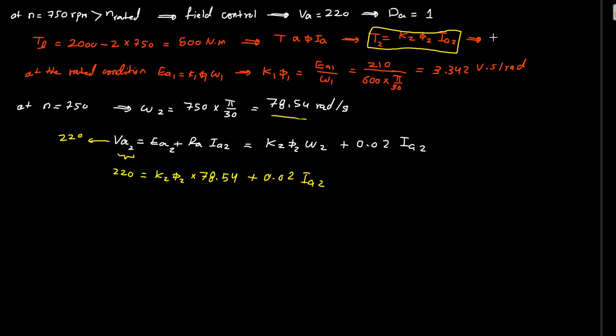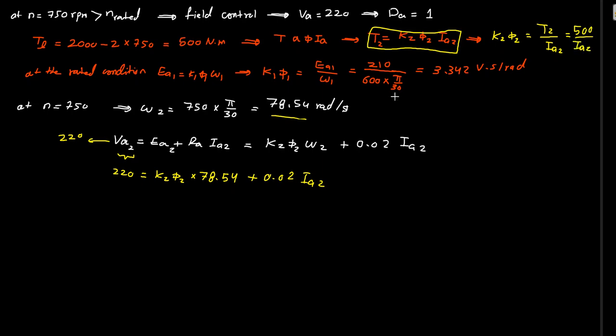This is the second equation that we are looking for. So from here we can write K2 phi 2 will equal to TL T2 over IA2, which will equal to 500 over IA2.